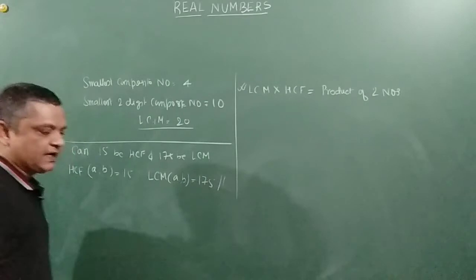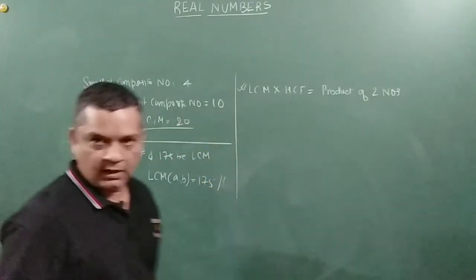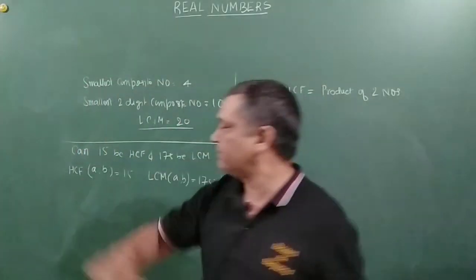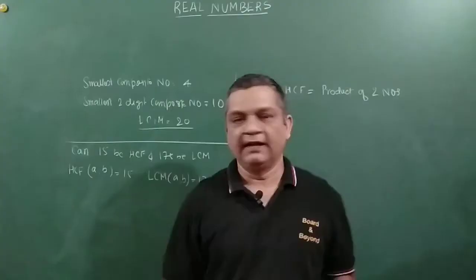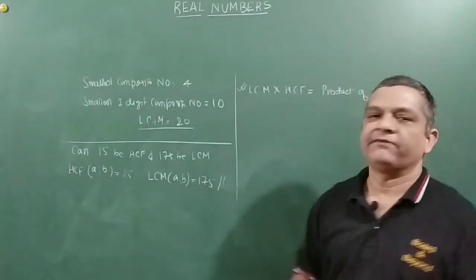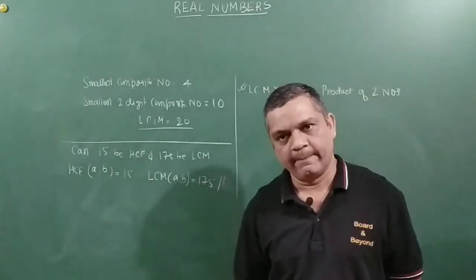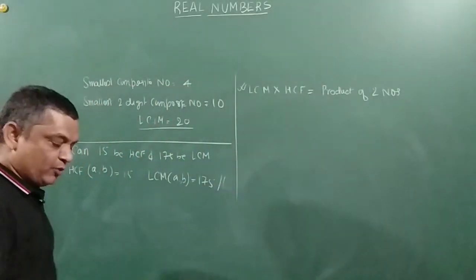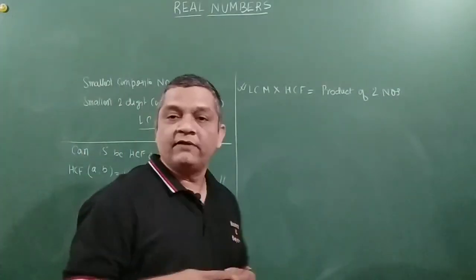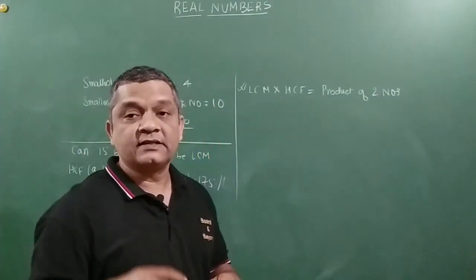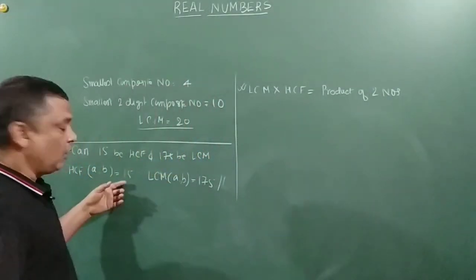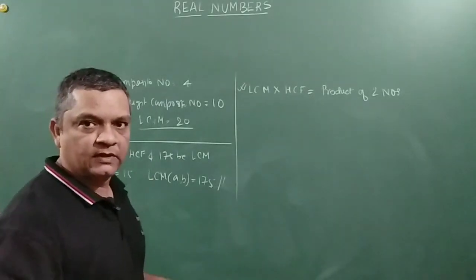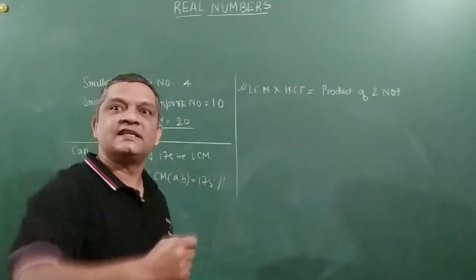Now in the question they are asking, is it possible, can two numbers have 15 as HCF and 175 as LCM? Okay, so this was the question. Now one more important concept that you should take away from me today is that the HCF of any two numbers should exactly divide the LCM of these two numbers.